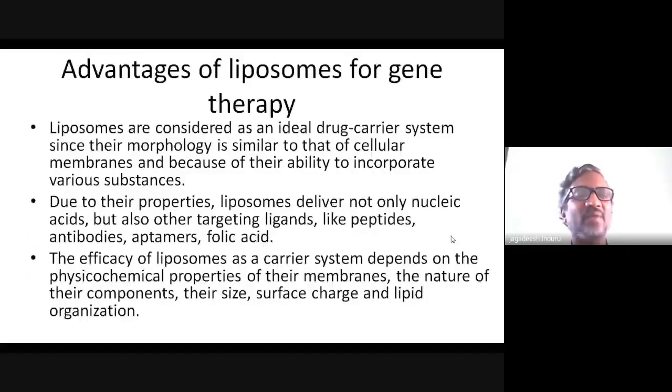When compared to remaining delivery systems like nanoparticles, maybe a dendrimer, a quantum dot, a gold nanoparticle, a fullerene, or any carbon nanotube, in all these cases it is not like that. A cellular membrane-like structure is not there, except in the liposome. Even in the niosome, you don't have it. It is completely a chemical polymer.